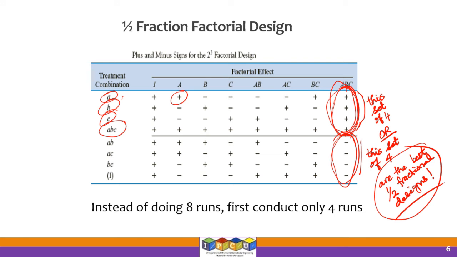In the second experiment, B is high, A and C are low, therefore this is labeled as B. The third experiment is labeled as C for the same reason, and in the fourth, A, B, C are all high, and therefore this is labeled as ABC. So the principal half fraction comprises experiments with treatment combinations A, B, C, and ABC.